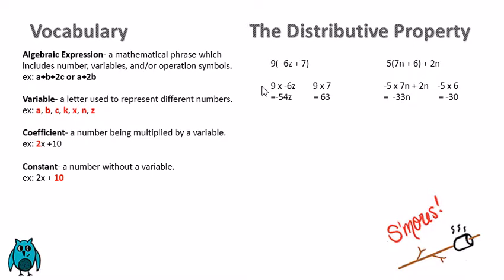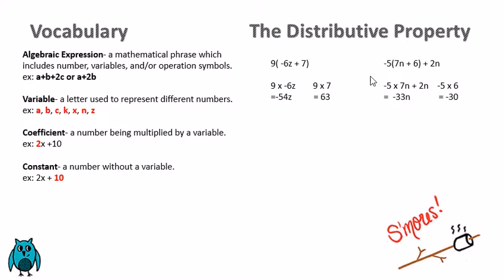So what you would do here, or what I did here, is multiply the 9 times the negative 6z and multiply the 9 times the 7, and your two answers would be negative 54z and 63. For this algebraic expression, your answer would be negative 54z and 63.